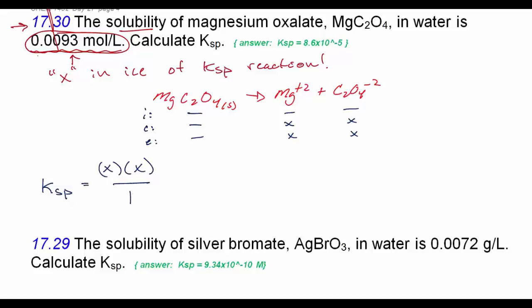And we know what X is. So go ahead and substitute. My KSP is going to be X squared, 0.0093 squared, or just write it twice. And I'll have my KSP, 0.0093 squared, about 8.6 times 10 to the negative 5.